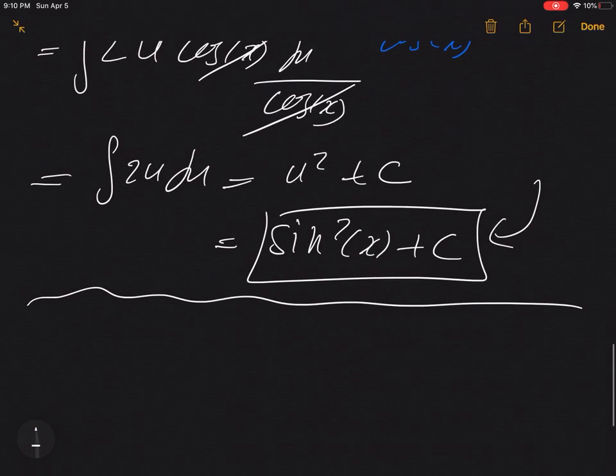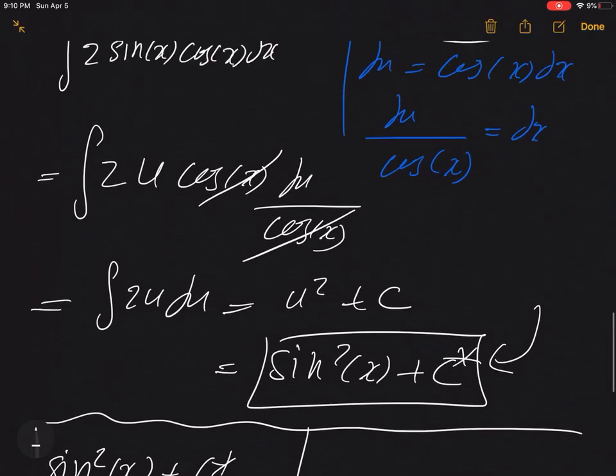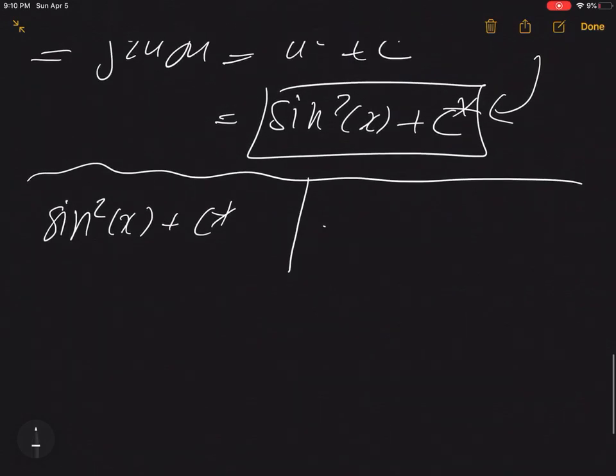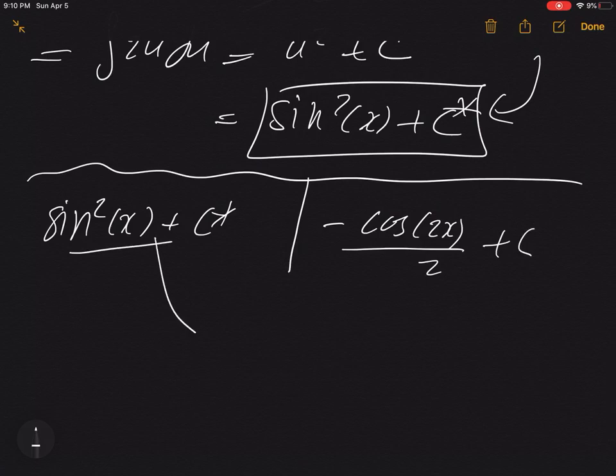The second one here is just sine squared of x plus c star, with a second constant. And the first one that we got was negative cosine of 2x over 2 plus c. I'm going to turn this into that.